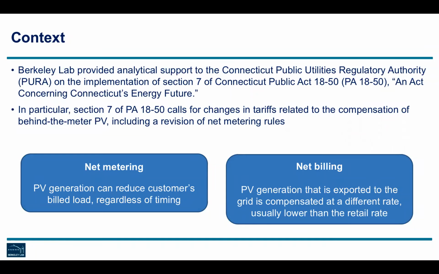And moving towards something that's approaching net billing, where PV generation that's exported to the grid is compensated at a different rate, usually lower than the retail rate. What was being implemented in Connecticut is something between the two, and a more form of net billing. Next slide.